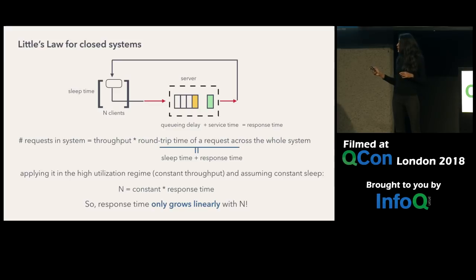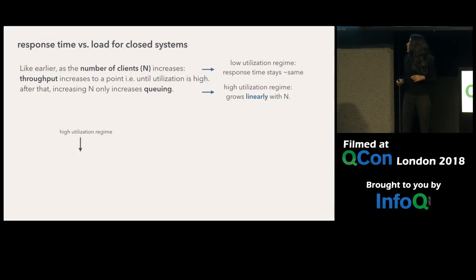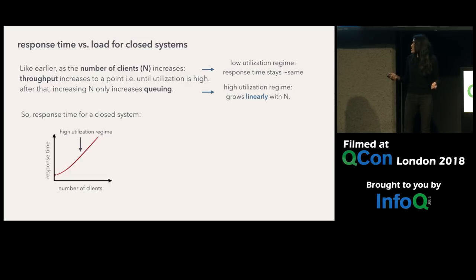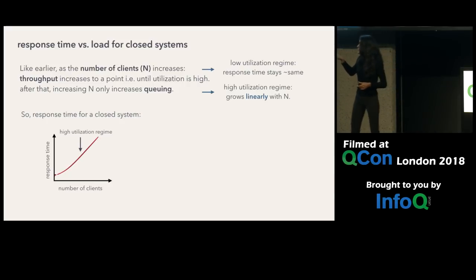So going back to our question, when we're in the low utilization regime, response time stays about the same. But when we're in the high utilization regime, it grows linearly with n. Putting those two pieces together, this is what our response time graph looks like for a closed system.